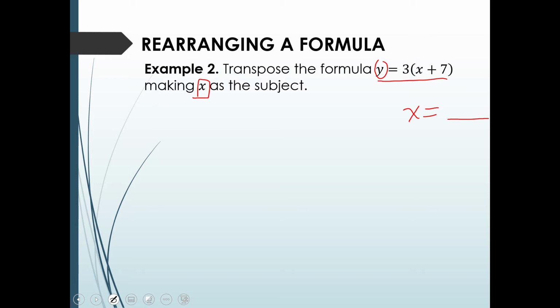That will be our goal. So what do we do first? We have brackets here, so first we need to remove the brackets. Meaning, you multiply 3 to x and you multiply 3 to 7. So you will have y is equal to 3x plus 21.